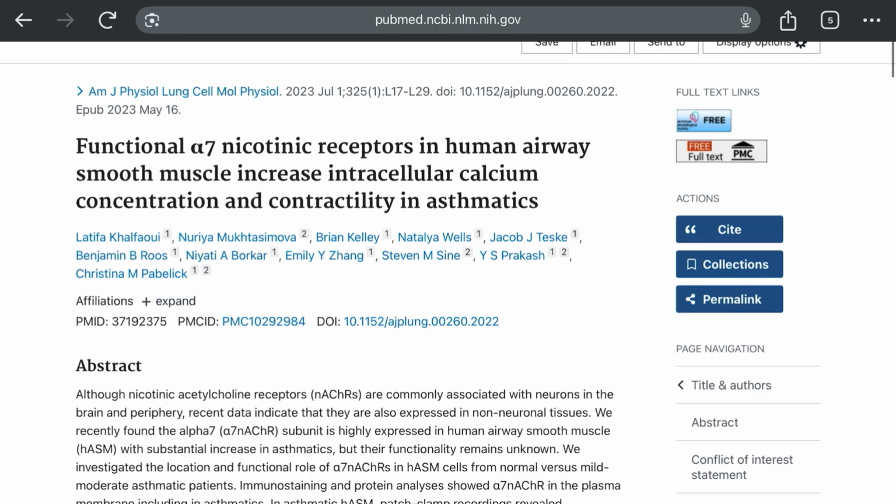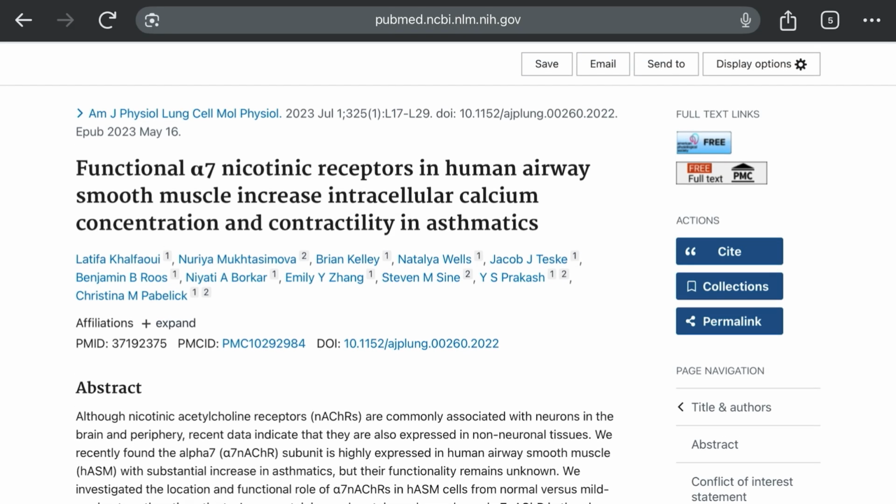The first paper I found is this one, which was written by Khalafi et al. in the year 2023. They found the expression of alpha 7 nicotinic acetylcholine receptor. Alpha 7, as we discussed, is a homomer type of nicotinic receptor formed of 5 alpha 7 subunits, right?